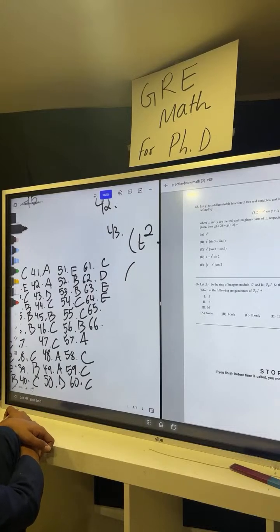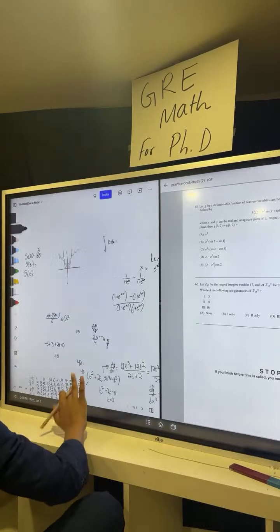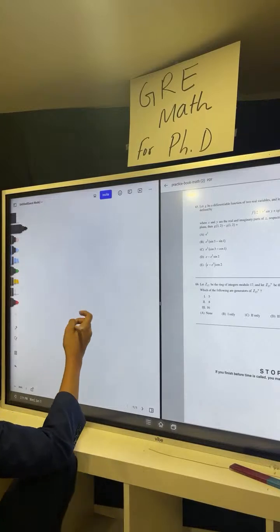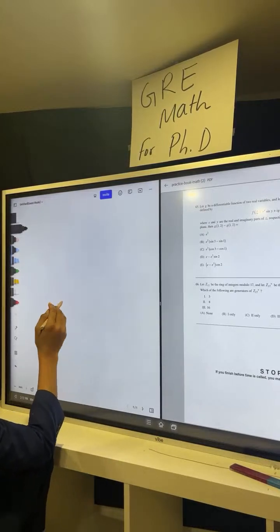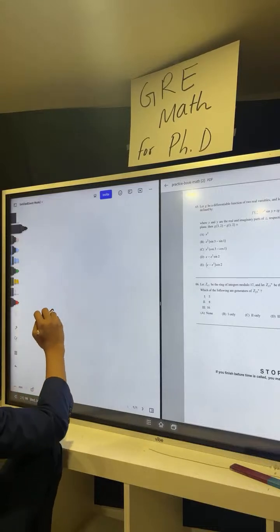Oh, I didn't study complex analysis. How am I supposed to know this? Well, we know that, okay, G of 3, 2 minus G of 1, 2.